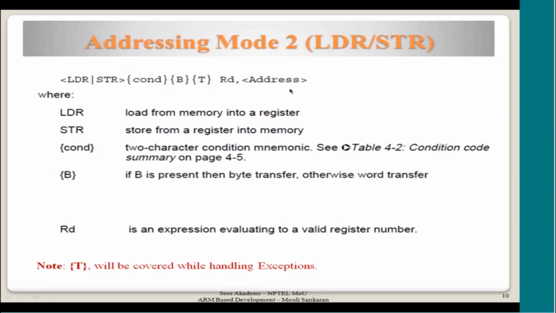Why they are supported, I will explain on the way, because it is to enable different kinds of data structure support for the compiler. So what are the different ways you can generate an address is what we are going to talk about in this session.